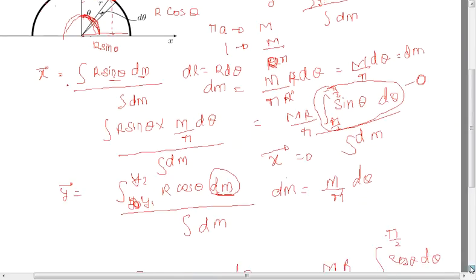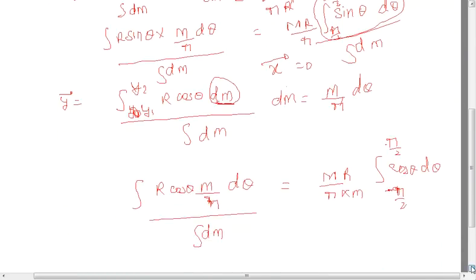Actually you should think about the sense of rotation.